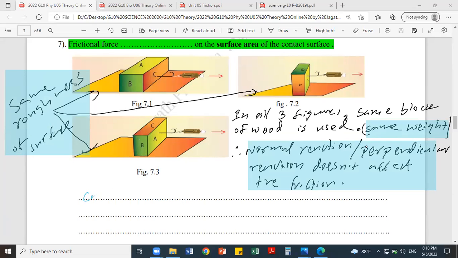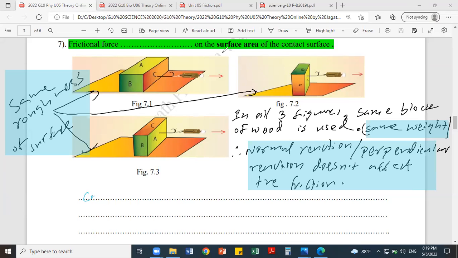First, you paste the sandpapers on the surface with the highest surface area in contact with the table. And when the block of wood is just enough to move, you have to apply a force. You have to find the force when the block of wood is just enough to move. That is called limiting frictional force, right?